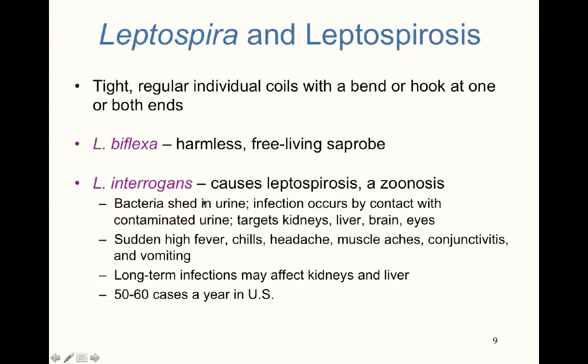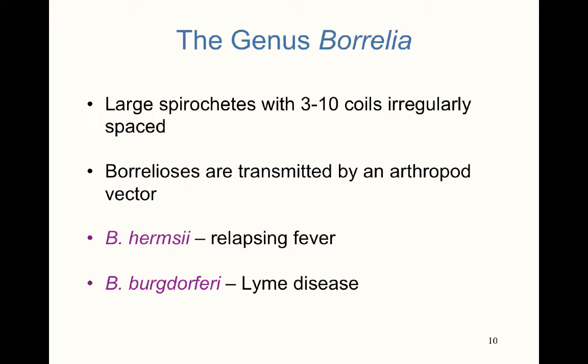So the bacteria is shed in the urine and infection occurs through contact. It will then target the kidneys, liver, brain, potentially the eyes, and symptoms: sudden high fever, chills, headache, muscle aches, conjunctivitis, vomiting. Only about 50 to 60 cases per year, and long-term infections may target the kidneys and liver.